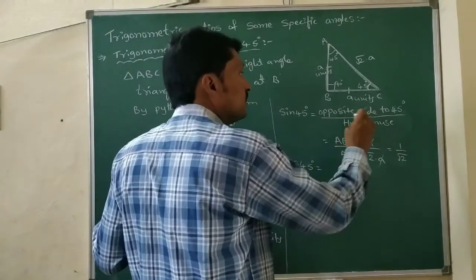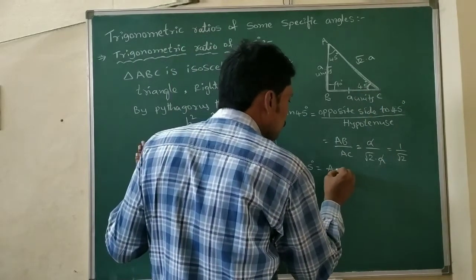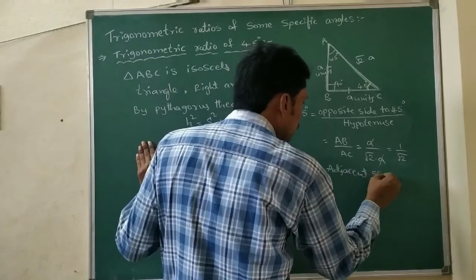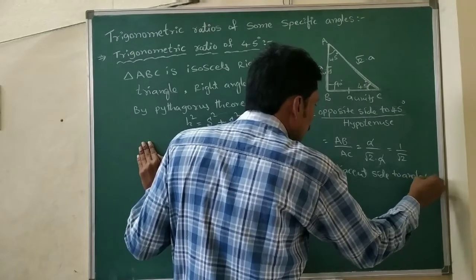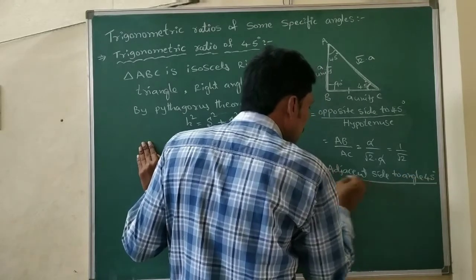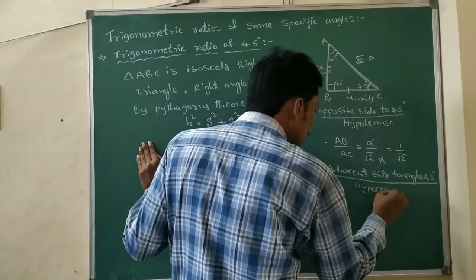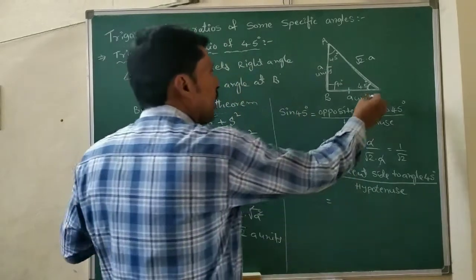Next, cos 45. What is cos? Adjacent side to angle 45 by hypotenuse. What is the adjacent side here?